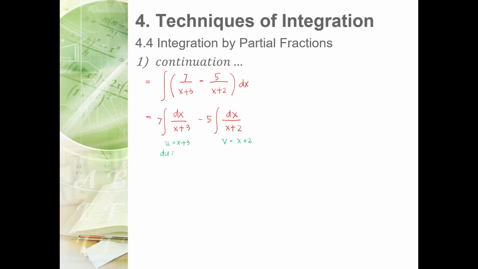So du is equal to dx, and dv is equal to dx. So this becomes the integral of du over u, and this one the integral of dv over v. Meaning, puro siya ln, di ba? It will give us ln u, and this one will give us ln v.